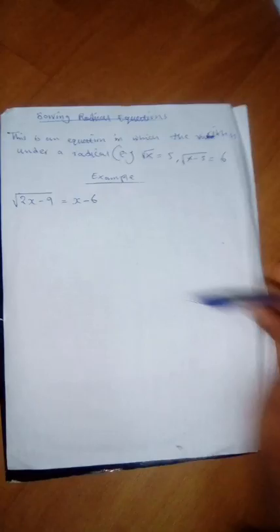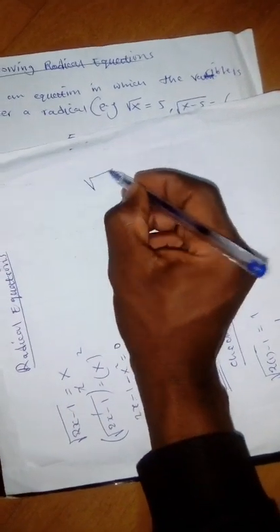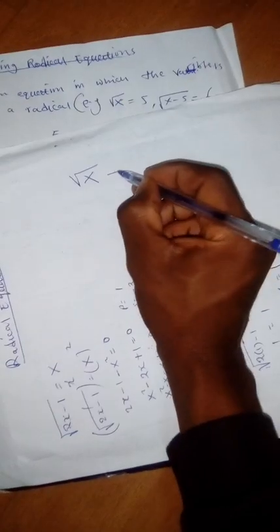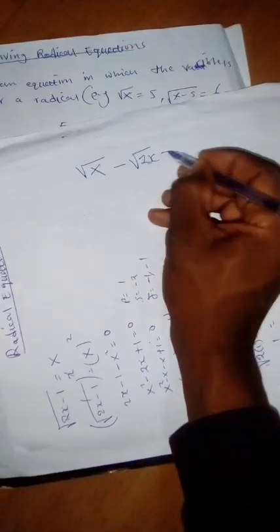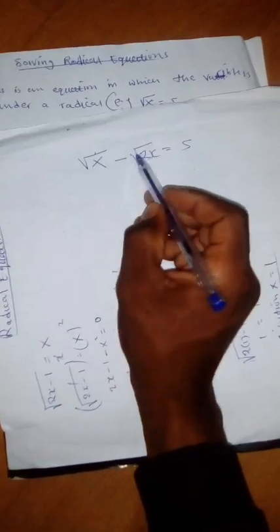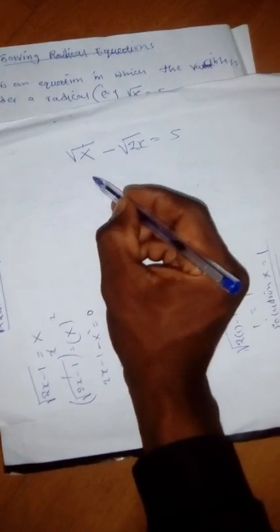I'm going to give you an example: if you have the square root of x minus 2x equals 5, isolating the radical means we have to move these two terms so that the radical remains on one side.